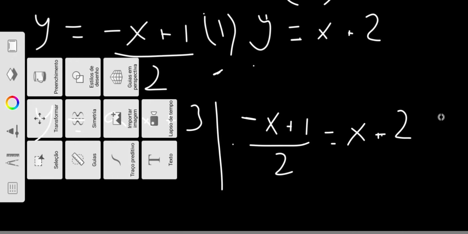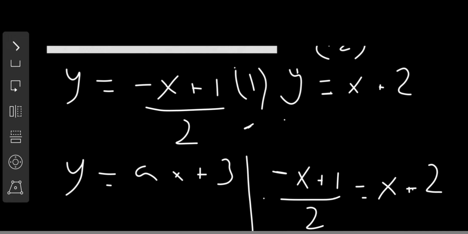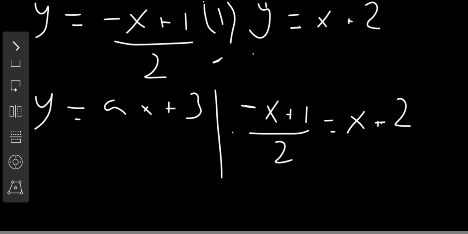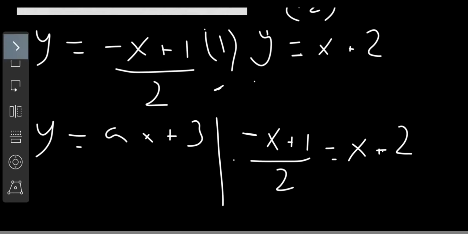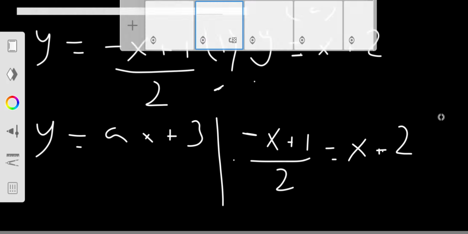As epsilon was equal to this part and epsilon was equal to that part, I could do this. Okay? So I'm going to work with this one now, okay?